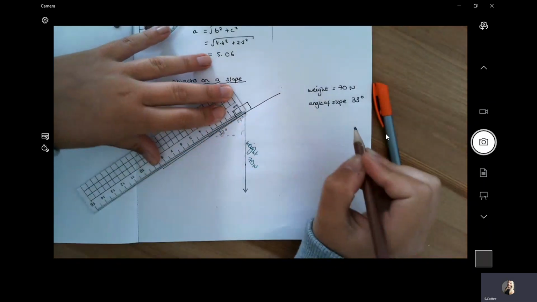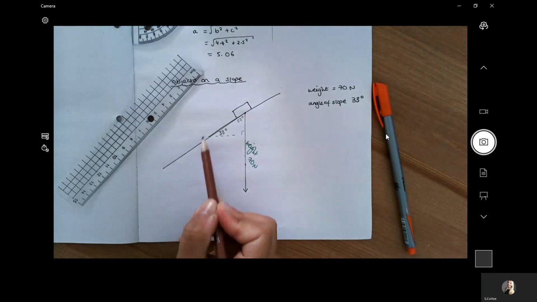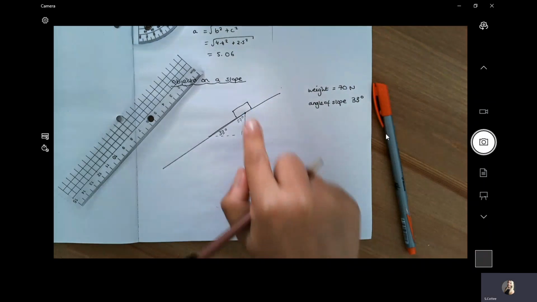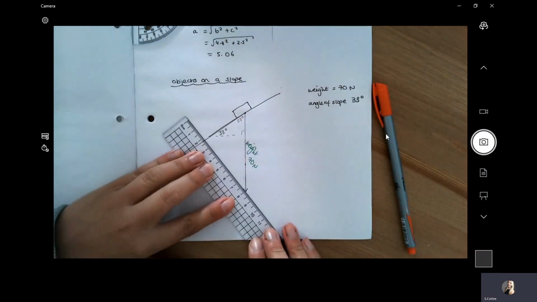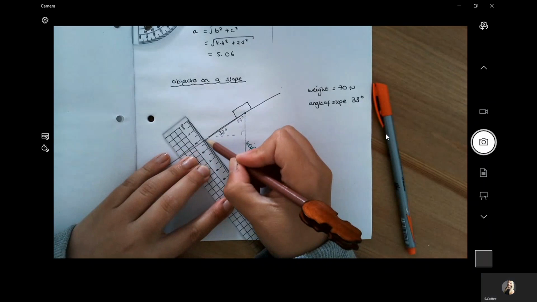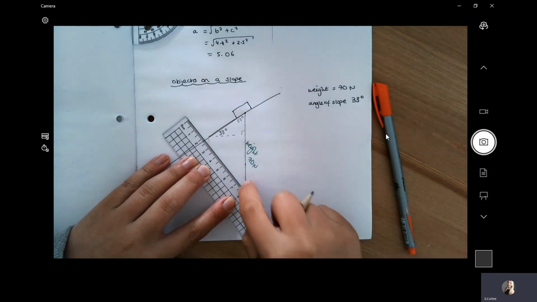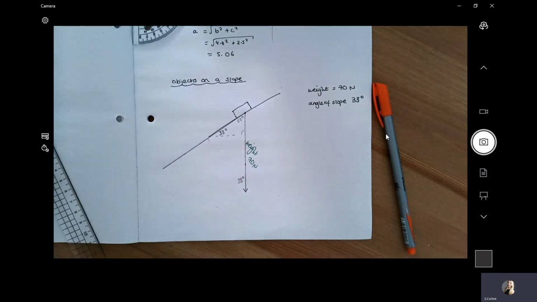So my horizontal component has to be some length of this line. Now we've got angles 57. If I need to make my vertical meet here at a right angle, then the angle down here must be 33. It's all about our triangles.